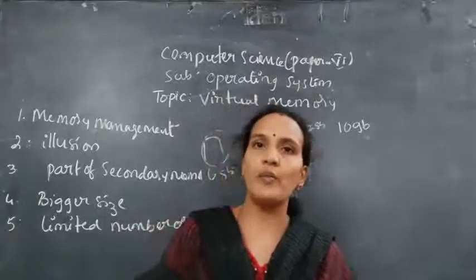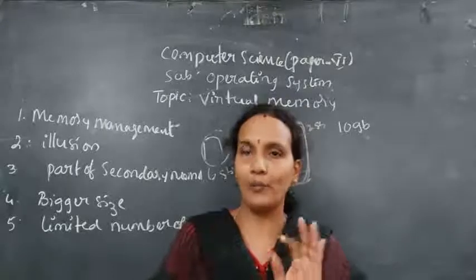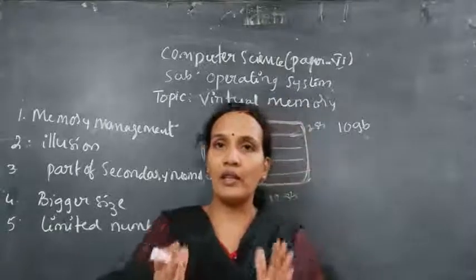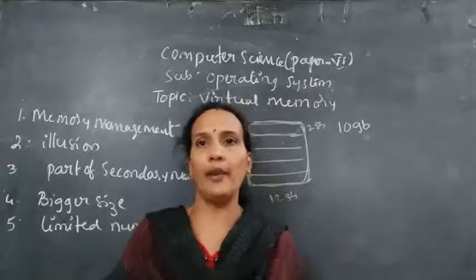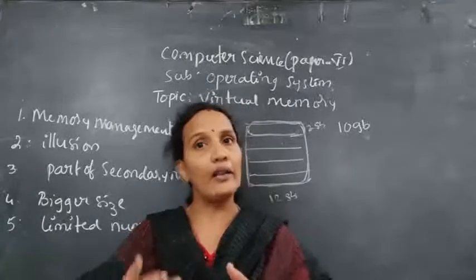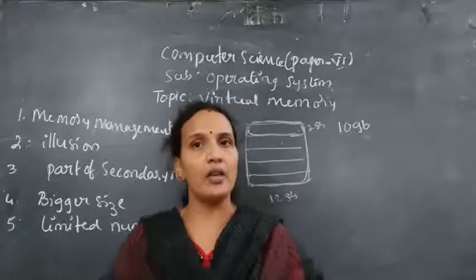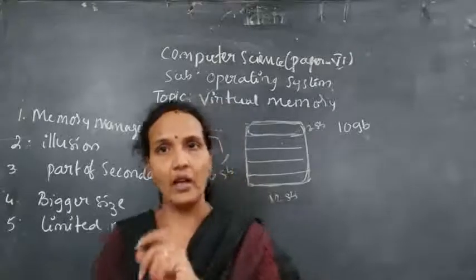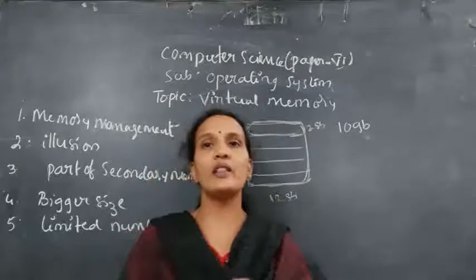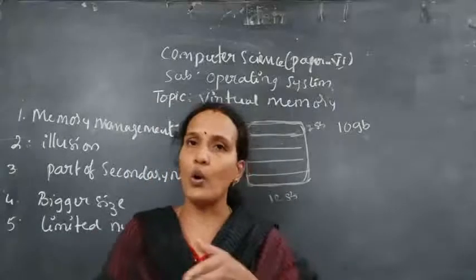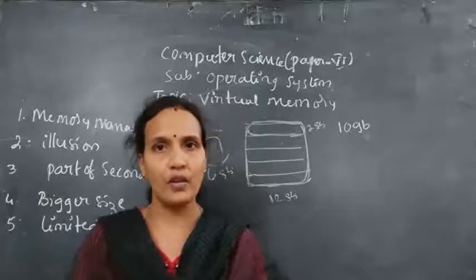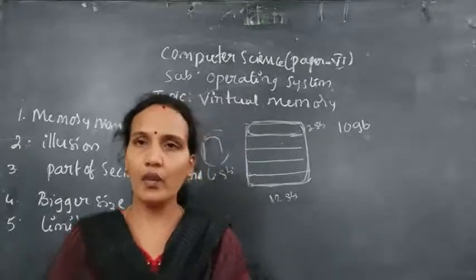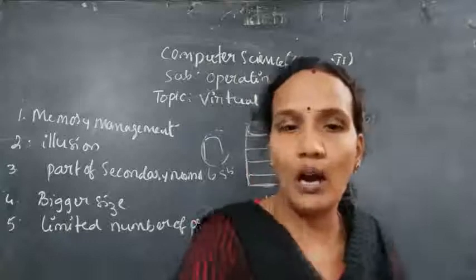So using virtual memory, only one point is there: the user can execute a program whose size is bigger than the main memory. But internally, how is it executing? The pages which are required from the process, only those pages are loaded, not all the pages into the main memory. That is the concept of virtual memory. Clear? Now come to how it will work.